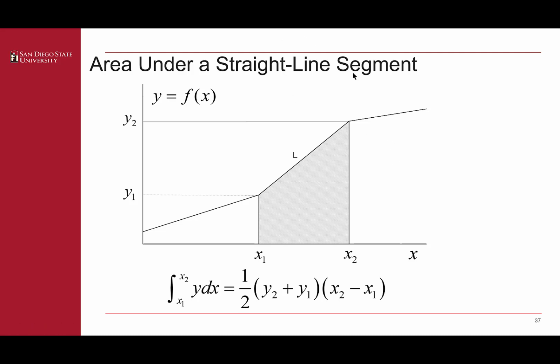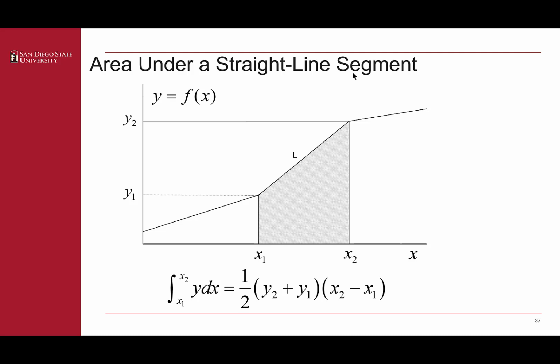Here in the graph, we have a function y equals f of x, but we can calculate the area under each straight line segment separately by using a definite integral with relevant boundaries.